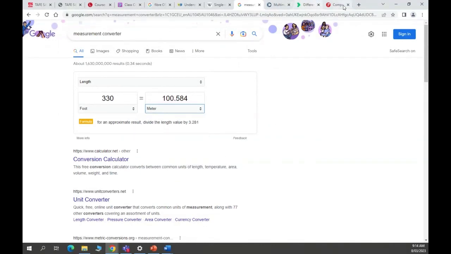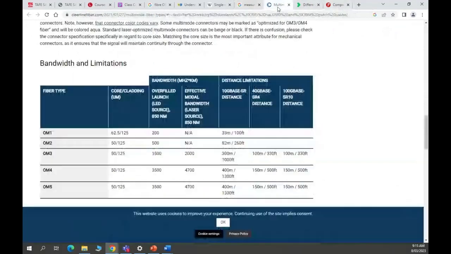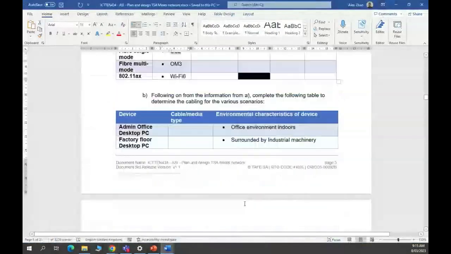Okay, and if we look at that, where was it? There's OM3. It's 300 meters. It's got meters here. Anyway, sorry, I missed that. It's got both. It's got meters, and the maximum at the lowest rate is 300 meters.